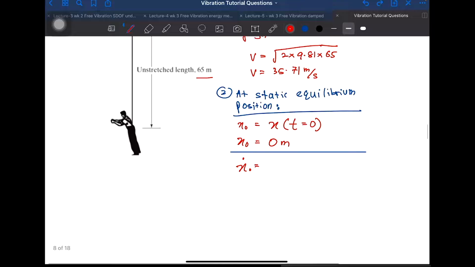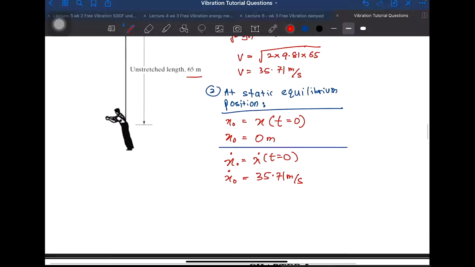So the initial velocity for this situation is the value that we already got just now, 35.71 meters per second. That is the initial velocity.